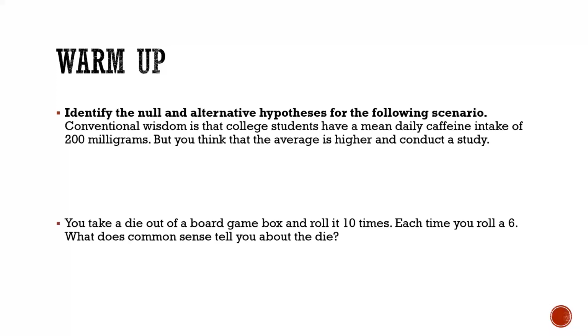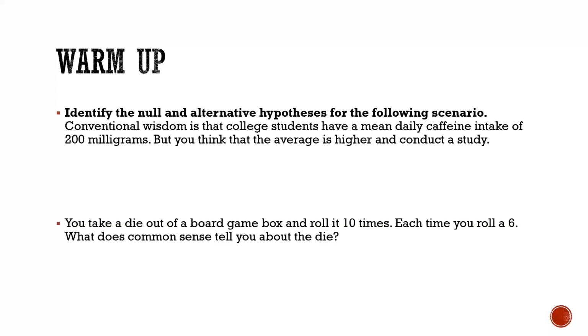Null hypothesis here, everybody. The null hypothesis always involves what sort of sign? An equal sign. And here, as Bobby said, we're always making a claim either about a proportion or about a mean. In this case, it's a claim about a mean.